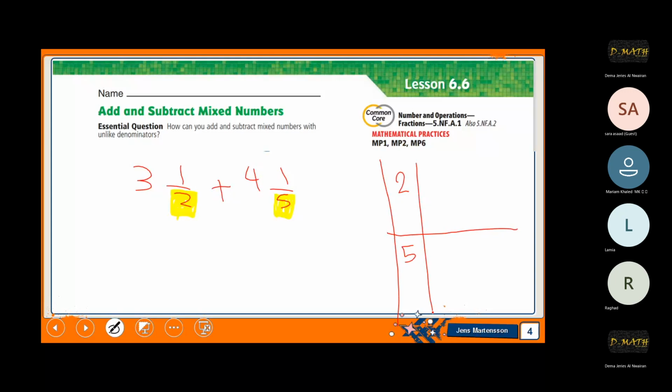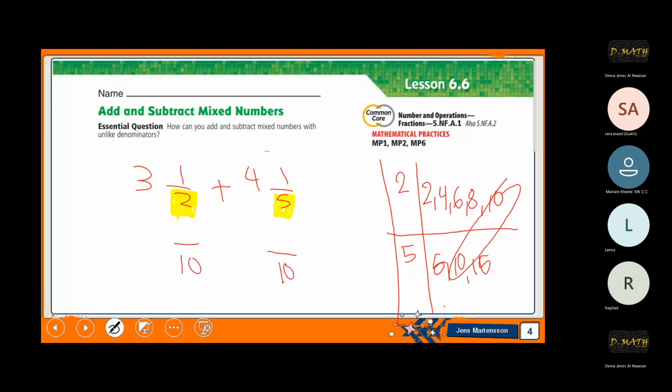What are the multiples of 2? 2, 4, 6, 8, 10. Multiples of 5? 10, 15. Now then, you will put 10 down here and 10 down here.